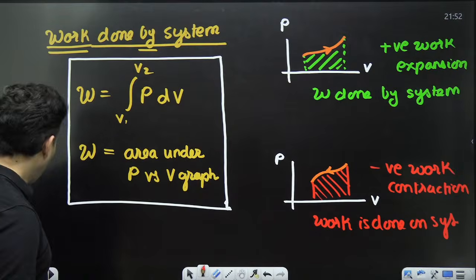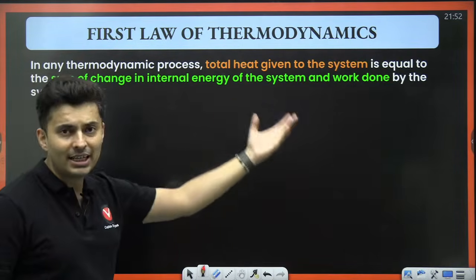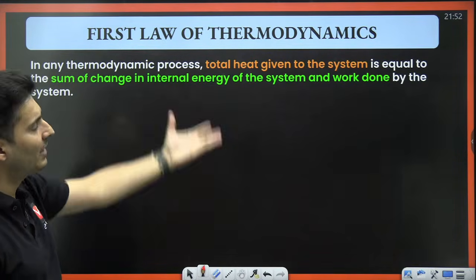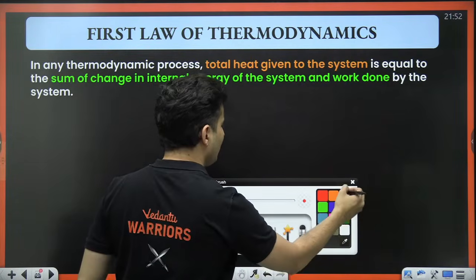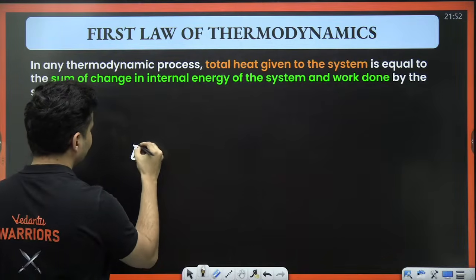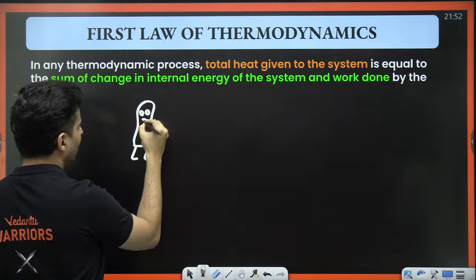Very good. So what exactly is the first law? It says that in any process, the total heat given to the system is equal to the sum of the change in the internal energy of the system and the work done. Meaning, just imagine that we have a Pandu over here. This Pandu is very, very hungry.